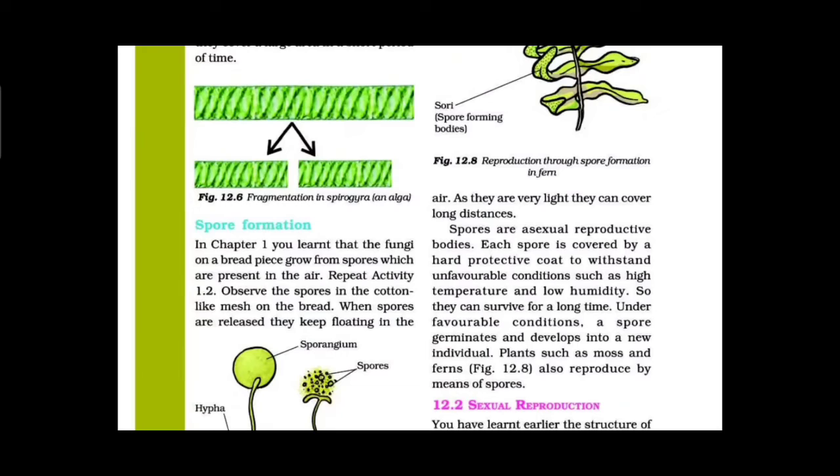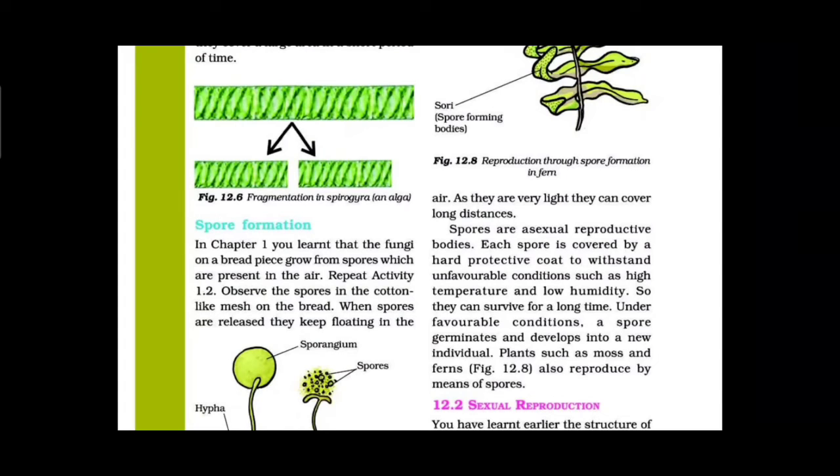The fungi on a bread piece grow from spores which are present in the air. If you place a bread in one place for a few days, what happens? There will be a black or black and white formation. What is that? It is fungi. Okay, it is present on the bread piece. It grows from spores with the help of what? Air.